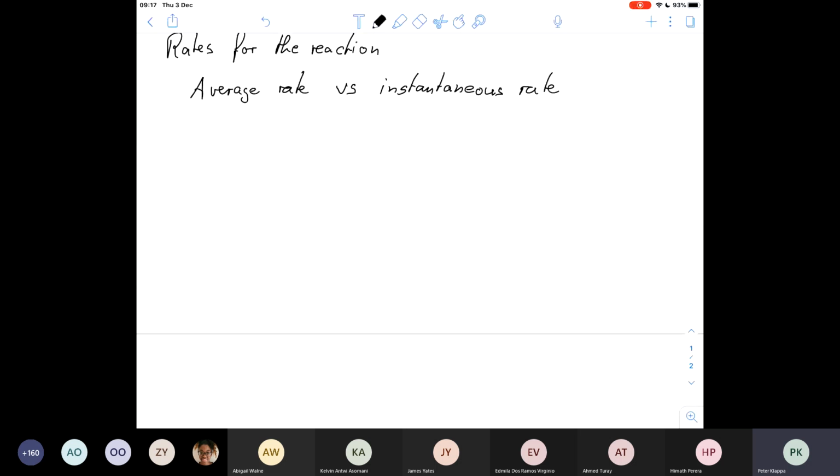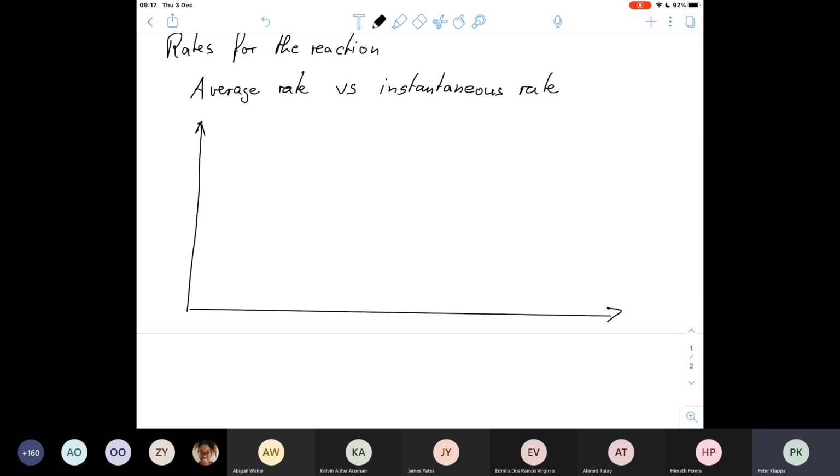And to do so, let's just do a little thought experiment. Let's do a little bit of traveling. I've got my axes here.